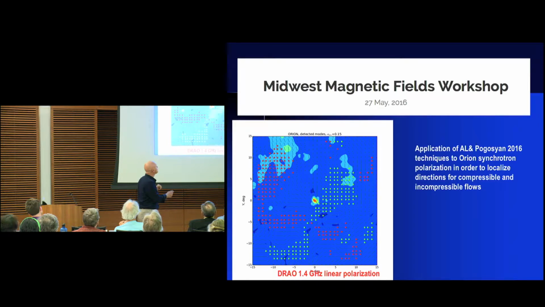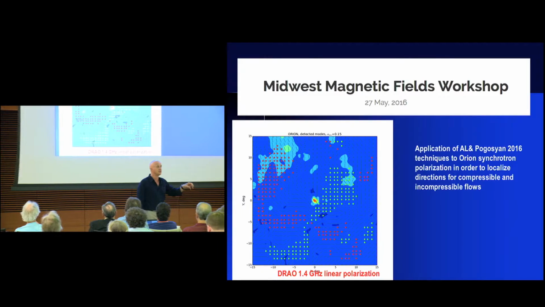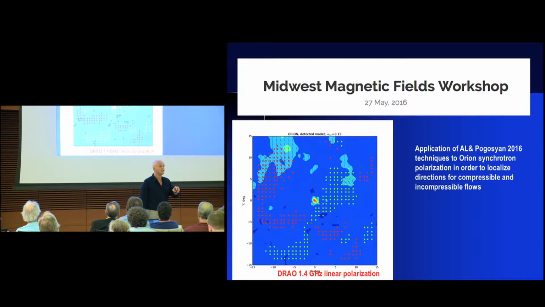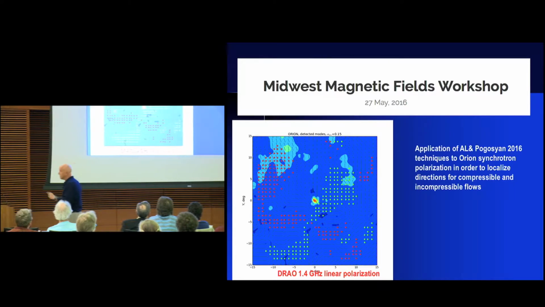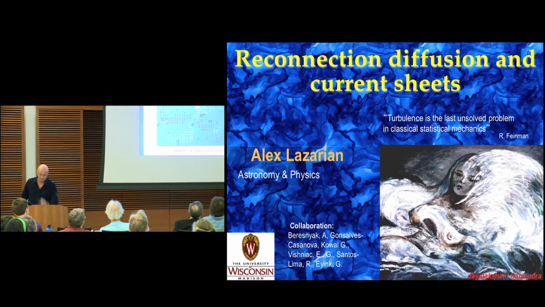And these different dots correspond to the places where we have dominance of Alfvenic turbulence versus dominance of fast mode turbulence. And I will not tell you, if you are not coming, which parts are which and what it does mean.